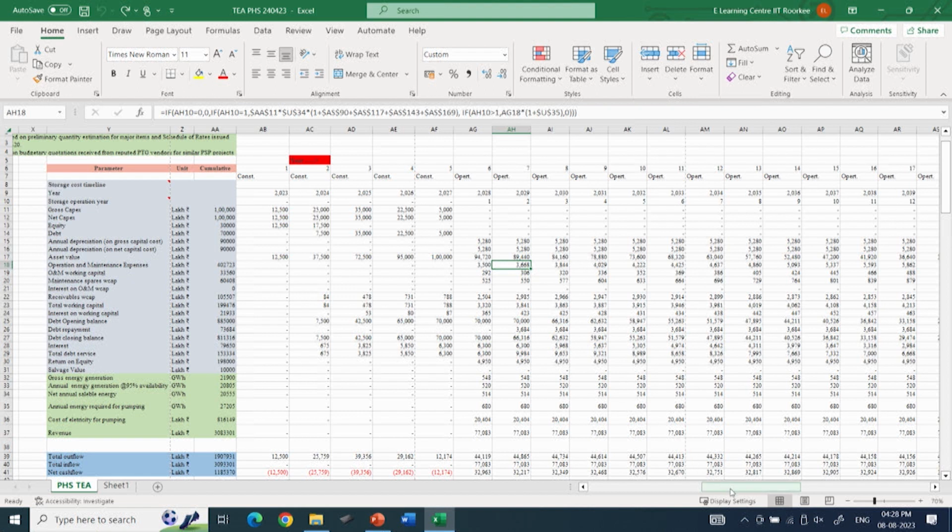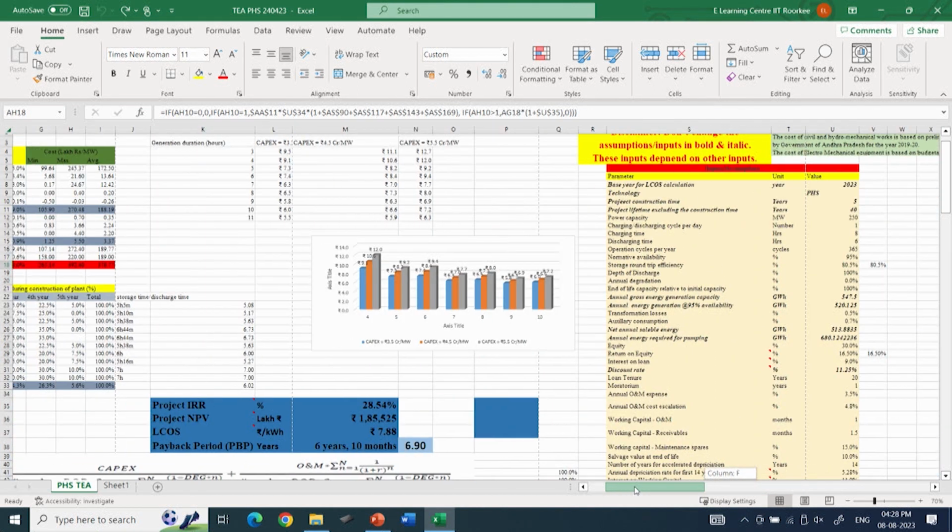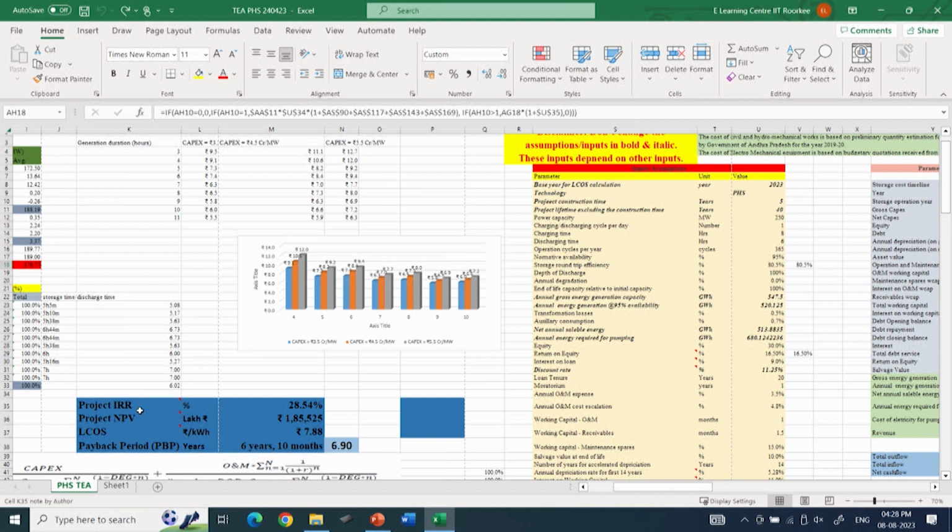The exercise that was carried out for this hypothetical scenario aimed at calculating basic parameters: the project IRR in terms of percentage, the project NPV, the levelized cost of storage, as well as the payback period. Normally you would see people comparing the different parameters, because no one parameter is expected to bring out all the information.